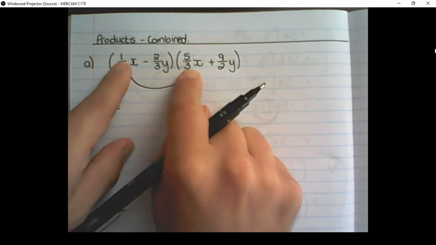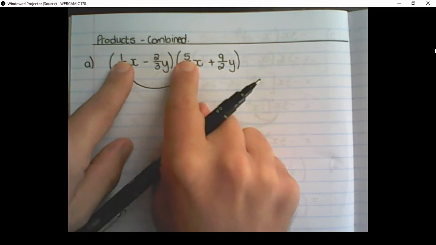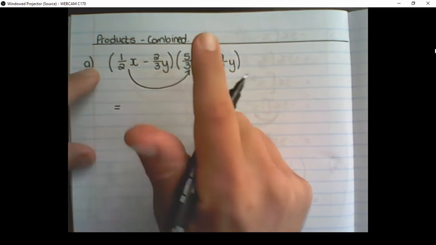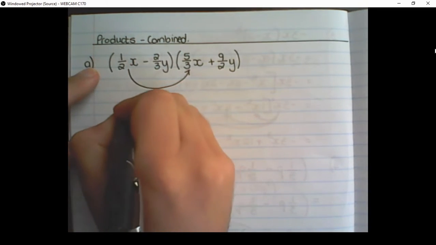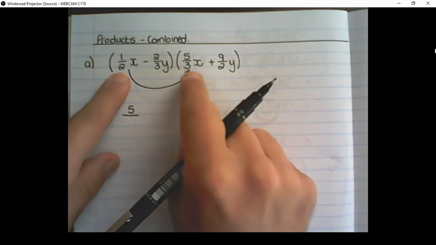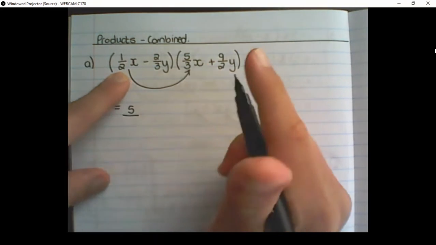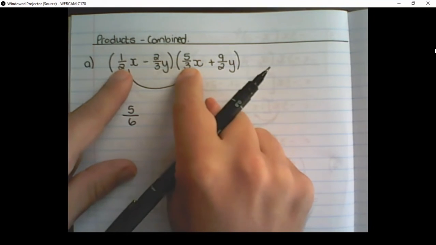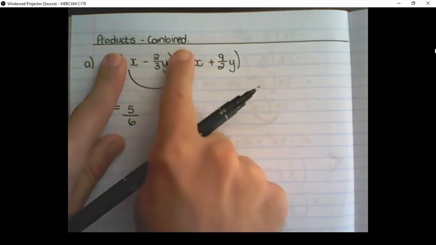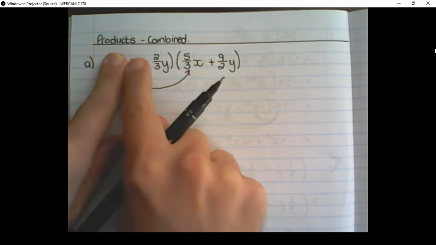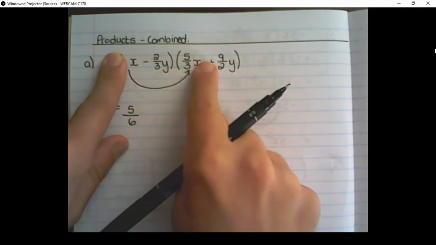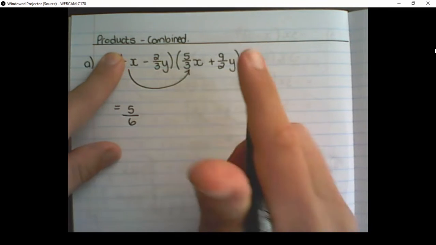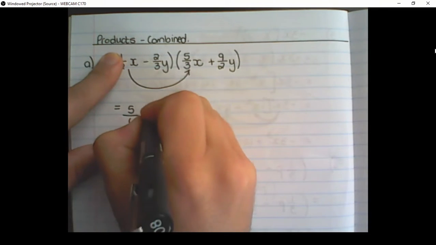What we do is we multiply the numerators, so 1 times 5, which is 5, and then 2 times 3, which is 6 in the denominator. Now we are done with multiplying the coefficients, so we only need to multiply x with x. So x times x will create x squared.